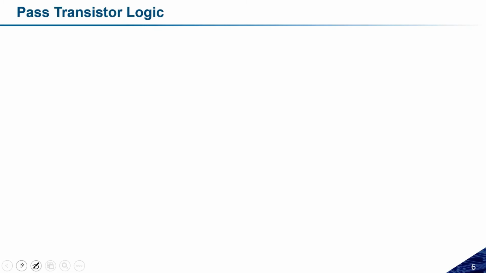So this is one benefit. The second benefit is that the number of transistors drastically reduces. Let me explain this slide, then you will be able to understand what this means. Suppose I have kept two NMOS transistors in series, and as you see here, I have not connected VDD anywhere.